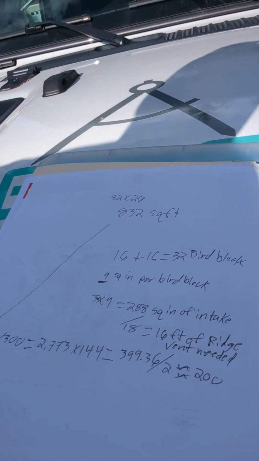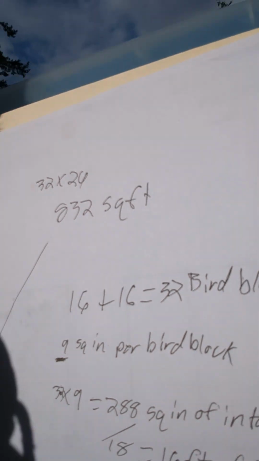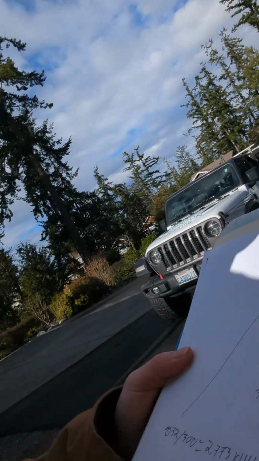So what we came up with is 200 square inches of intake and exhaust ventilation. 32 bird blocks on this structure times 9 square inches per bird block gives us 288 square inches of intake. So as long as your numbers are at or above the minimum, you are good.